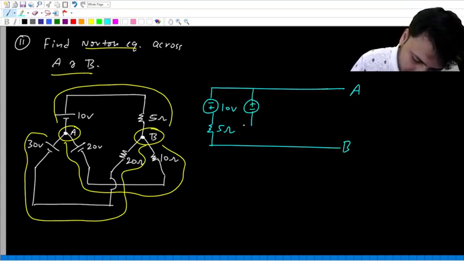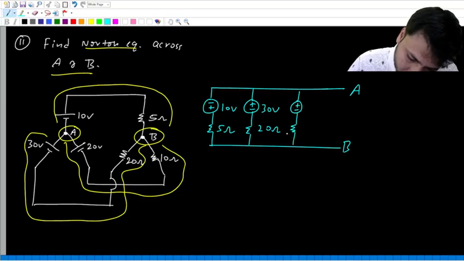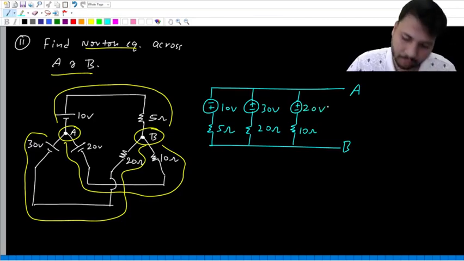And 30 volts is in series with 20 ohms. Okay. So this is 30 volts. This is 20 ohms. And then the 20 volt source is in series with 10 ohms. 20 volt source plus connected to A. That's all.